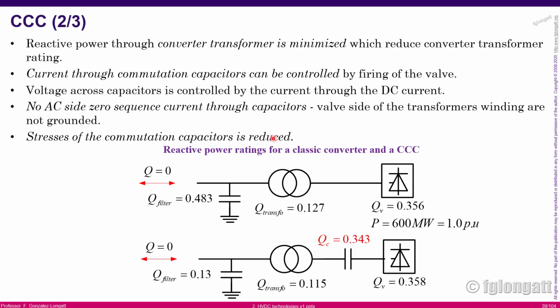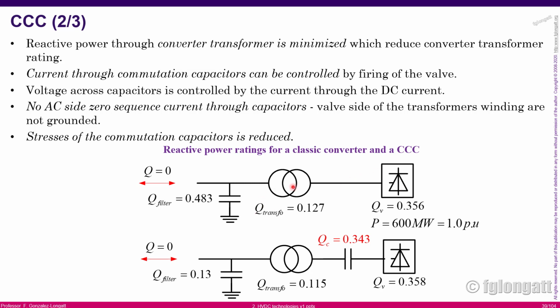Here I would like to show you two different configurations. On the top, you can see a single two-winding transformer providing power to an LCC. This is a classical LCC. In this case, the reactive power consumption of this bridge is 0.356.